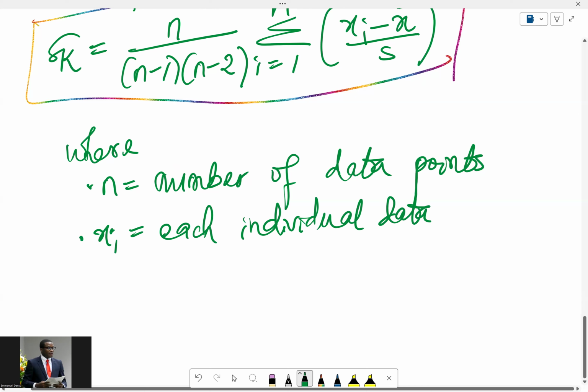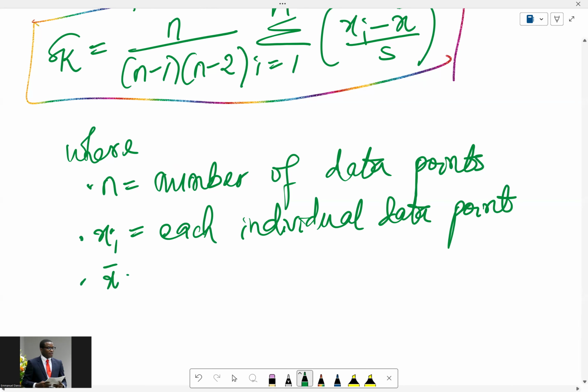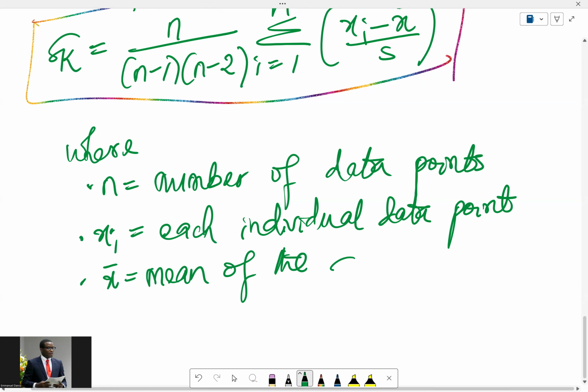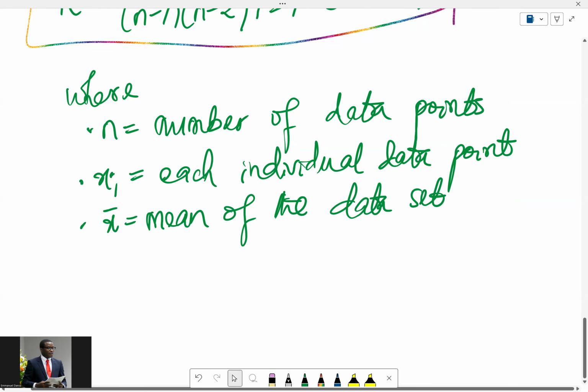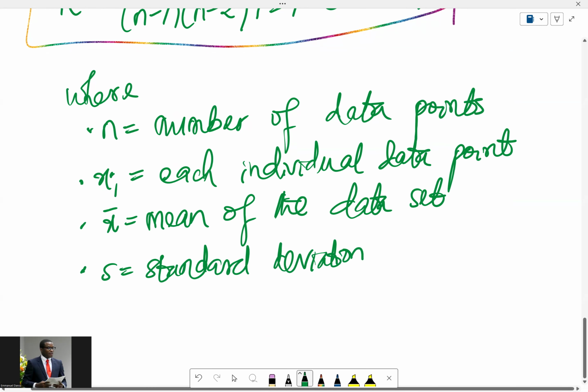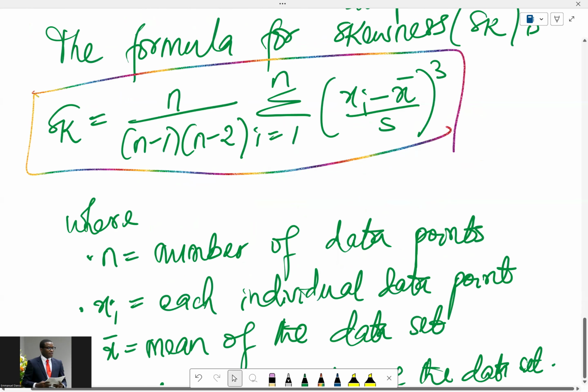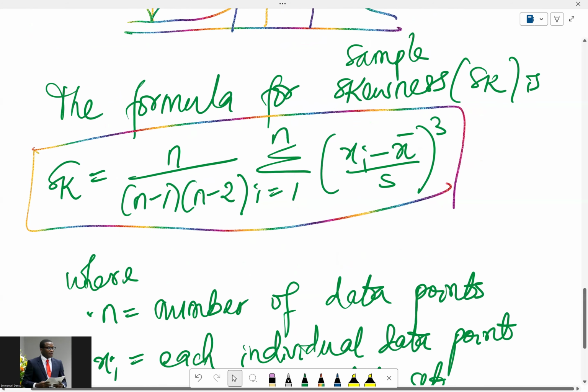And then you have x bar, which is the mean of the data set. You already know how to find this, right? And then you have small s to be the standard deviation for the sample, standard deviation of the data set. Okay. So this is the formula for sample skewness.